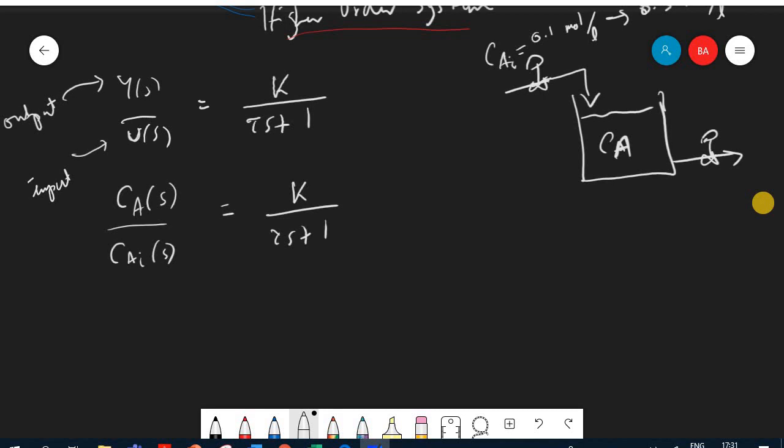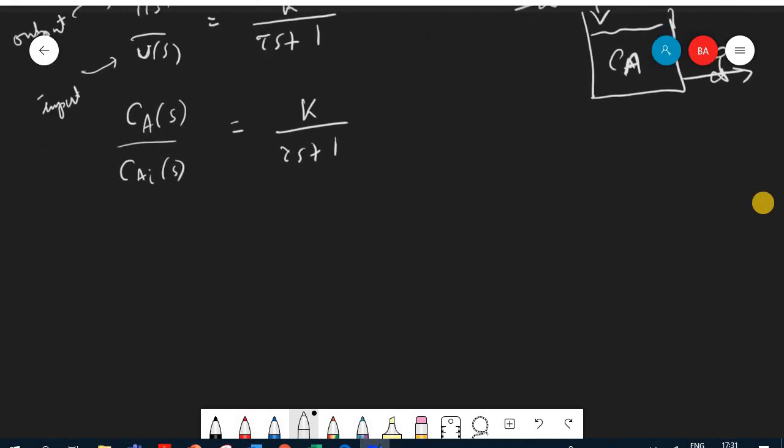Now I'm going to deal with it as a generic format, and then we are going to substitute. We want to make a generic form, and this generic form could be applied to any step input for any first order process. So I'll return back to my generic format.